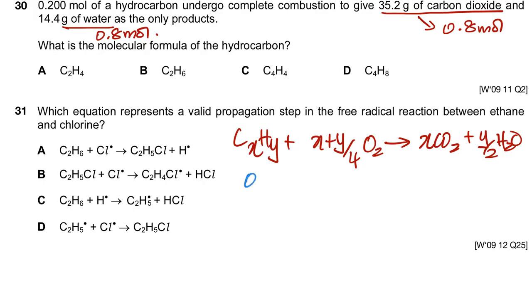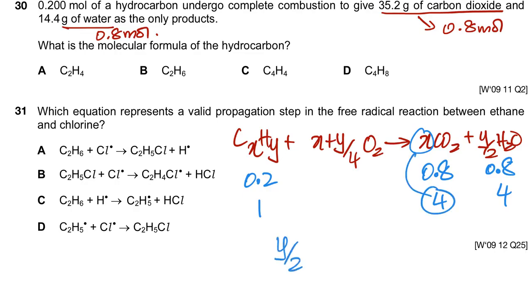The moles are 0.2 moles reacts with 0.8, sorry, gives 0.8 and 0.8, right? Which means the ratio is 1:4:4, which means that x is 4 and y over 2 is 4.